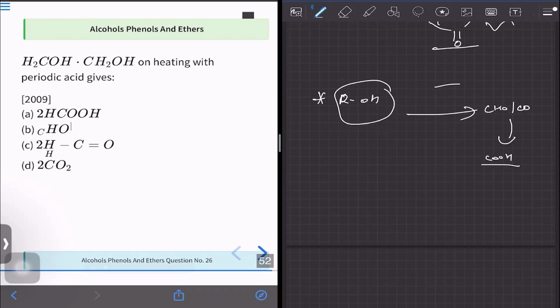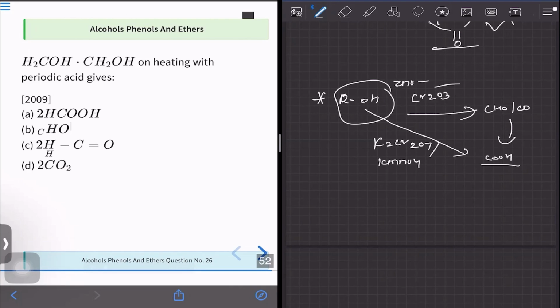For production of carboxylic acid from alcohol, we need a strong oxidizing agent, that is potassium dichromate or potassium permanganate. For the production of aldehyde or ketone from alcohol, we use Cr2O3, chromium oxide, ZnO, Cr2O3.